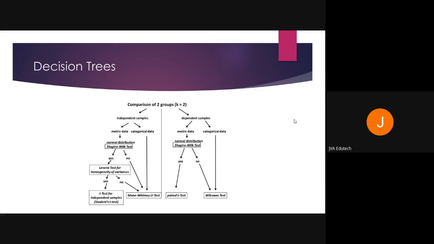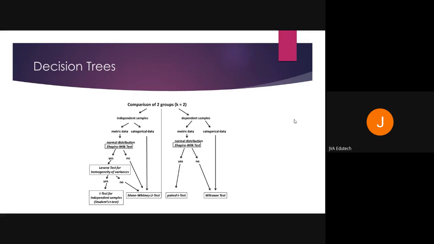Now further, if your IDV groups are mutually exclusive of each other, totally independent of each other, meaning the characteristic of one group is quite different from the characteristic of the other group, then it will be a case of independent sample t-test.